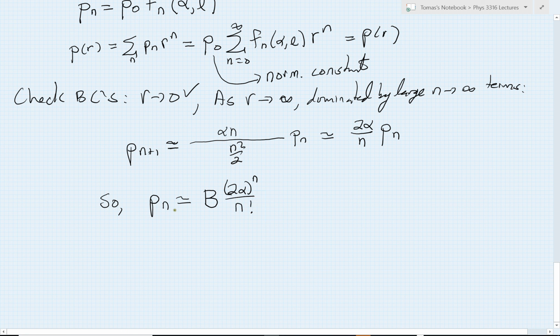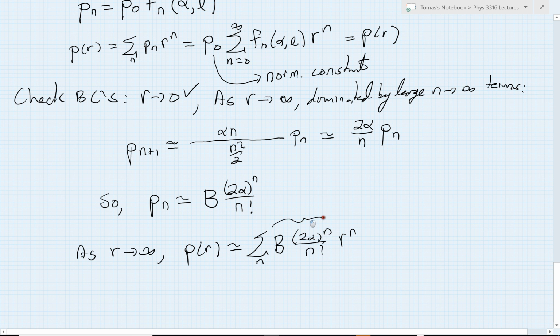So this tells us that as r heads towards infinity, P of r, which is controlled by precisely these terms, will have a behavior that goes like the sum on n of Pn times r to the n, but Pn is b times 2 alpha to the n over n factorial, where, recall, this is just my Pn to a very good approximation.